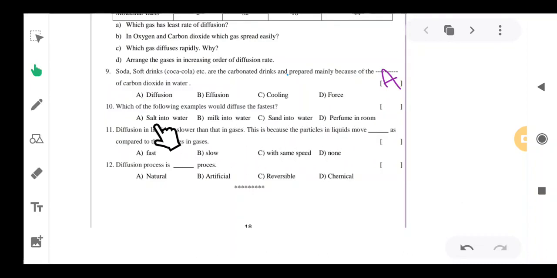See, salt into water is solid in liquid. Milk into water is liquid in liquid. Sand into water is solid in liquid. And what about this? Yes, this is gas in gas. Gas particles diffuse very fast compared to liquids and solids. So you have to take the gas only. So D will be the correct answer.